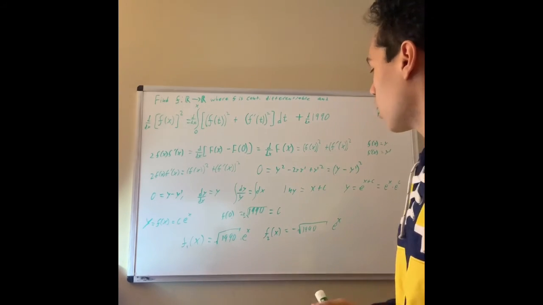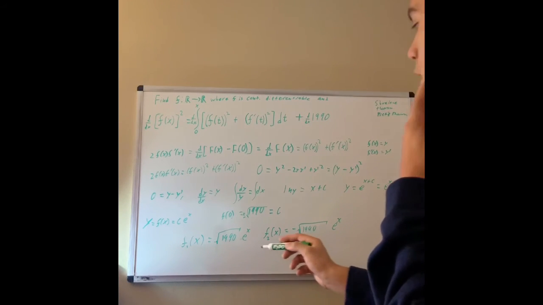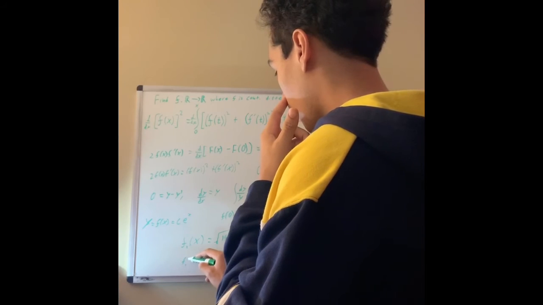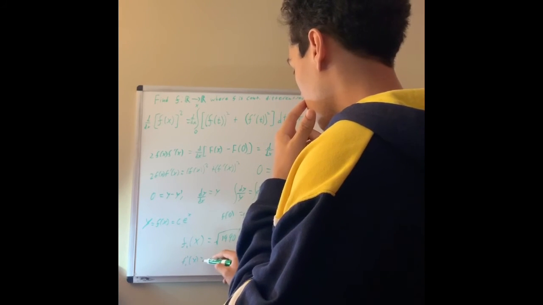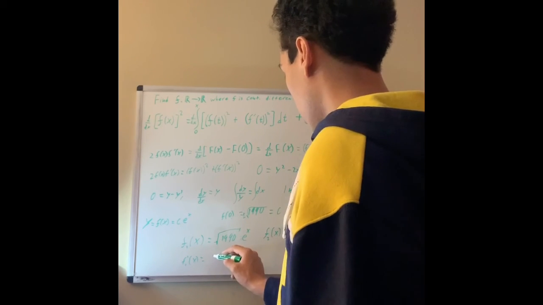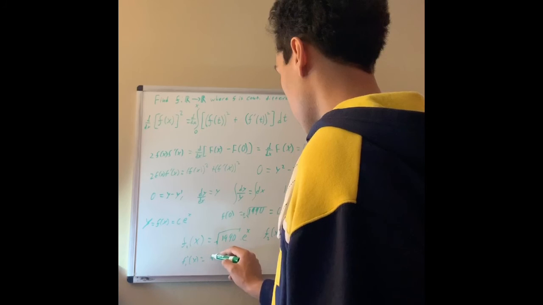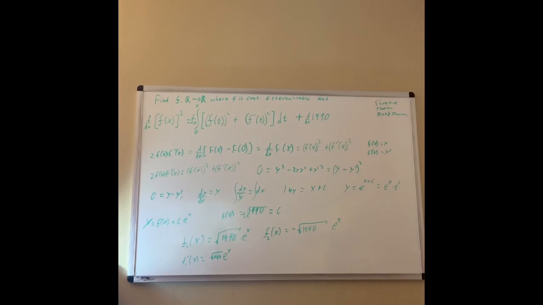It looks to be. And you can always just check. We can do a quick check. What's this derivative? This is going to be f1'(x) = e^x times the square root of 1990. Yeah.